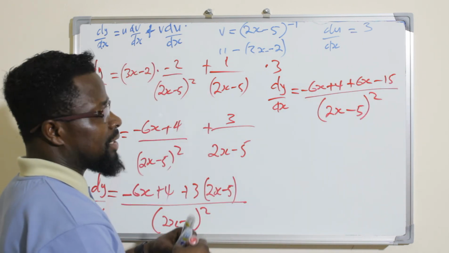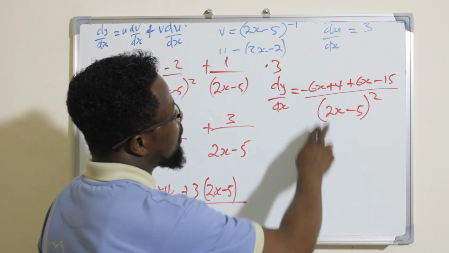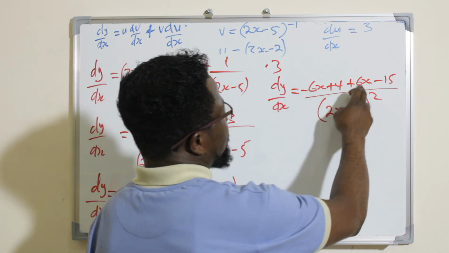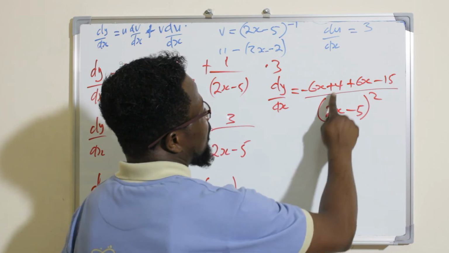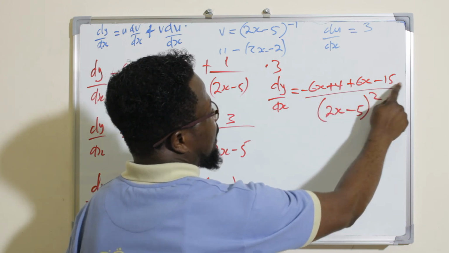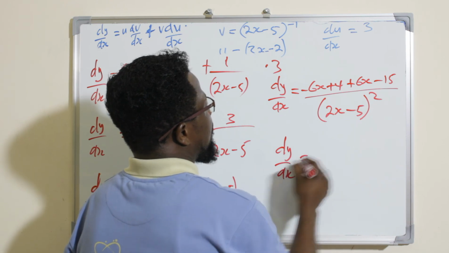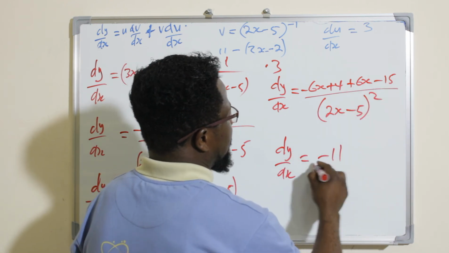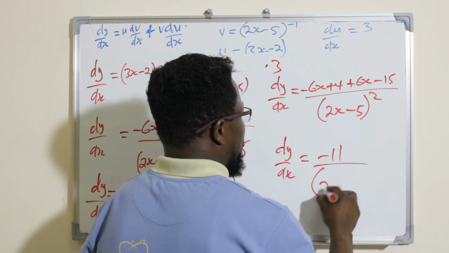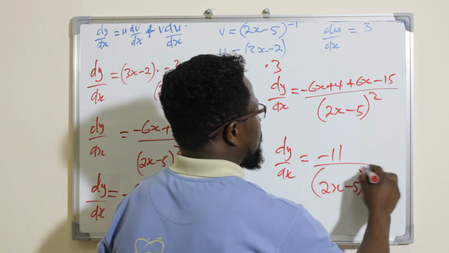And you can now see the beautiful thing that has come out here. This is negative 6, positive 6, so it will be cancelled. And then we are left with plus 4 minus 15. What would that give you? So we have the y, the x, finally becoming negative 11 all over (2x minus 5) squared.